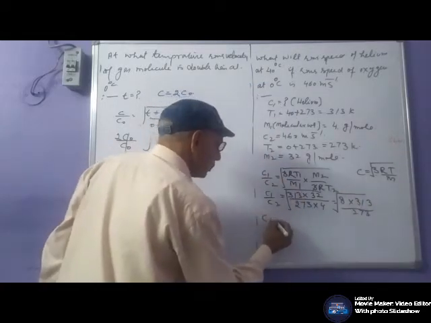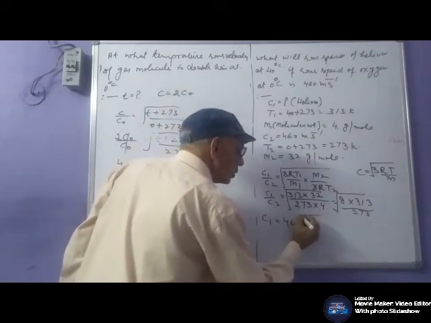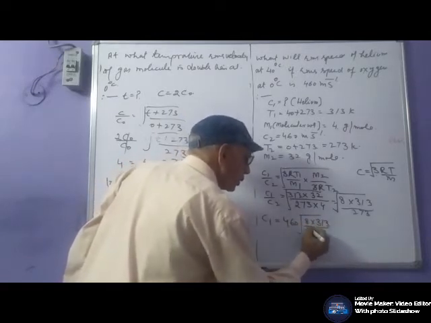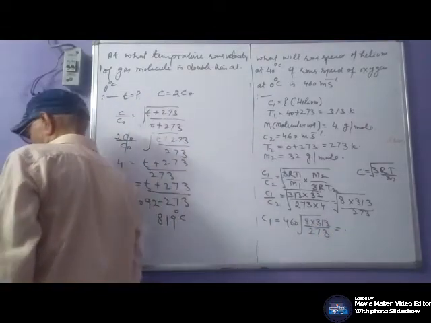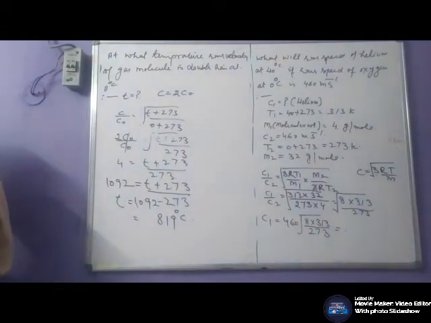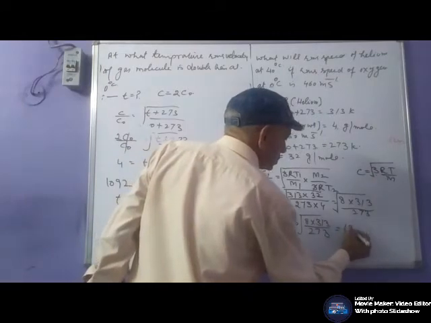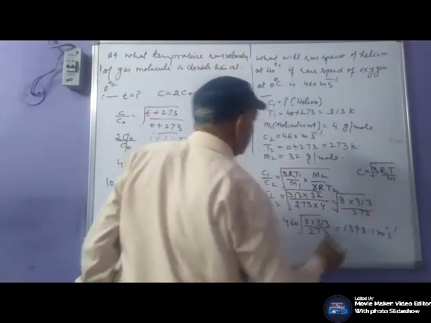So C1 equals C2 times root of (8 × 313/273). Solve it, and it will be this.